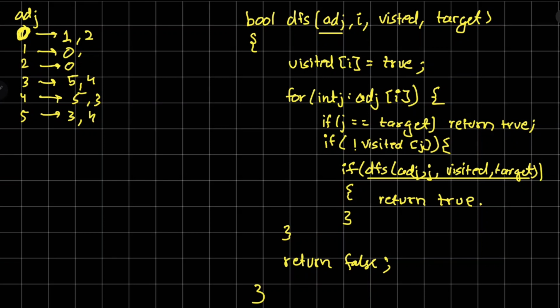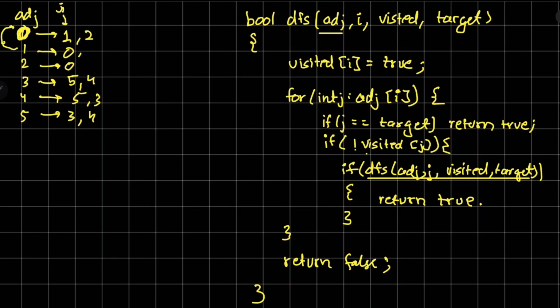So what's basically happening here is the j will go to 1, and then the DFS function will be called on j, and now j will be marked as visited. DFS function will be again called on 0, but 0 is already visited, so this condition will not be reached, and the DFS function will not be called on this one.